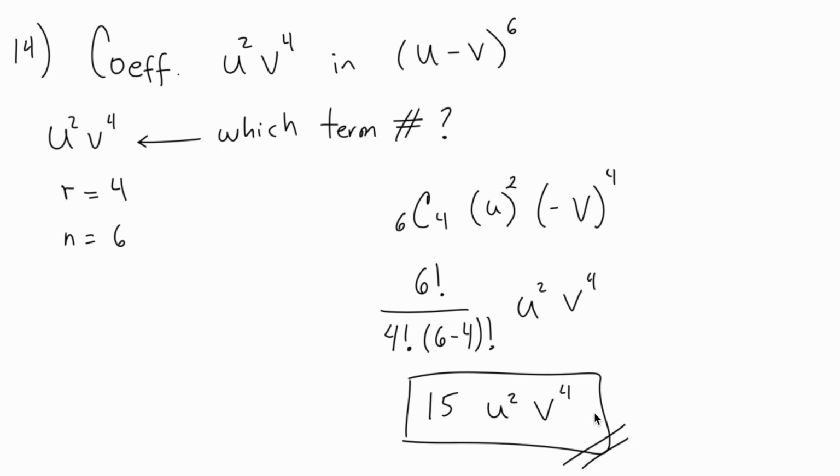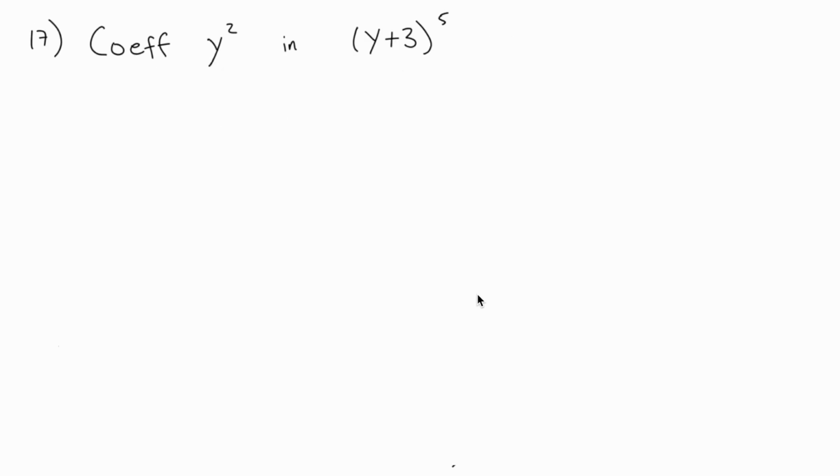Okay, so what have you learned in these last couple of exercises? That the second term tells you the value of r. But what if I am being a horrible monster and now I am not giving you the second term? I am telling you that I want to know the coefficient of the term y squared.